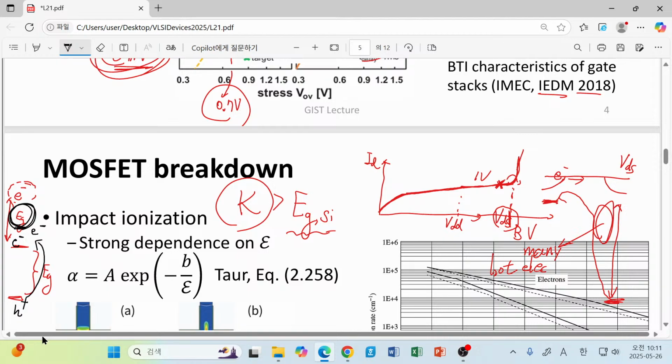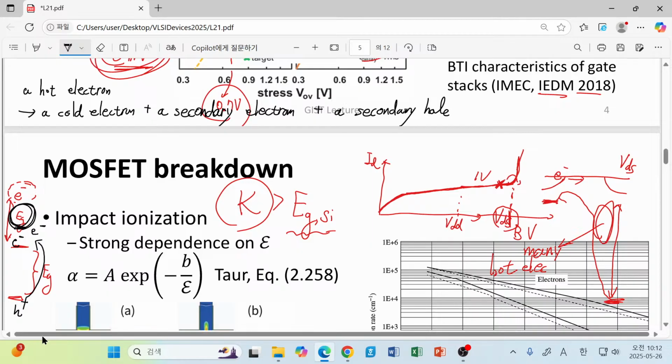Simply speaking, when we have a hot electron, it becomes a cold electron, a secondary electron, and a secondary hole. That is the effect of this hot electron.